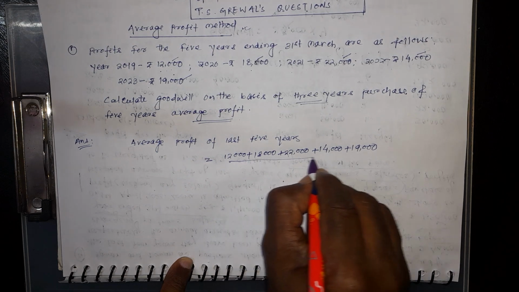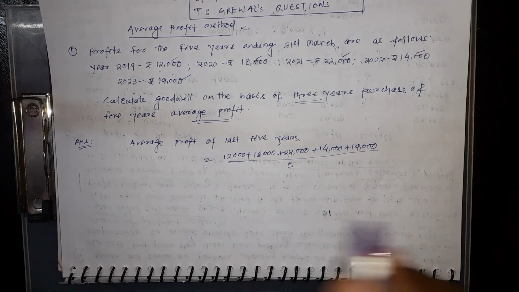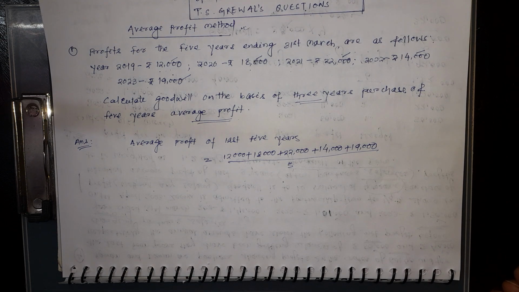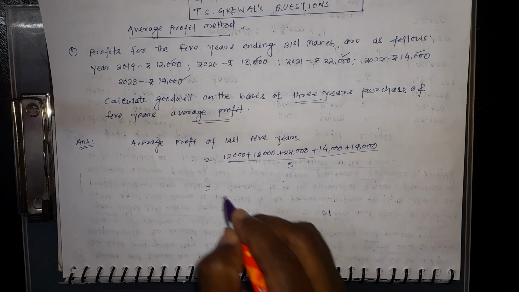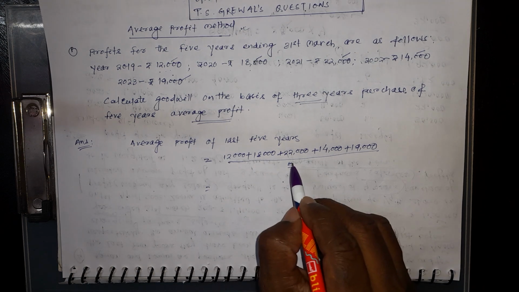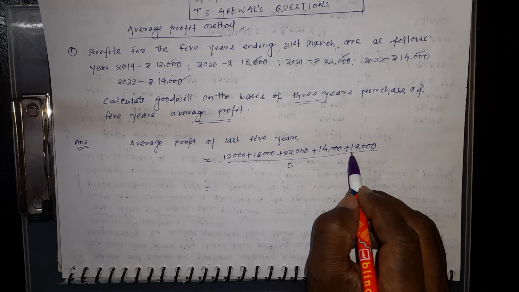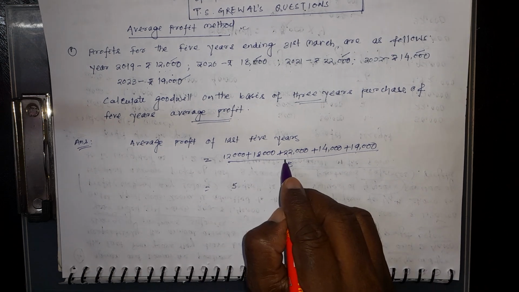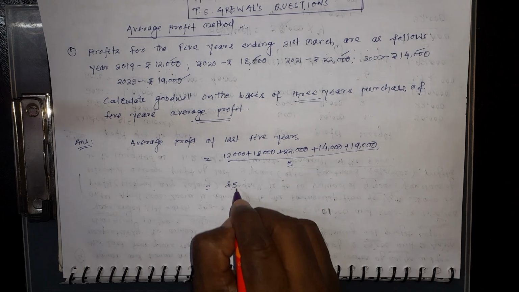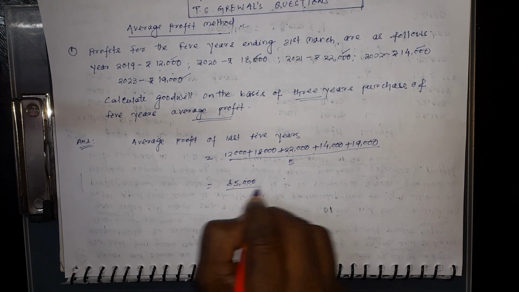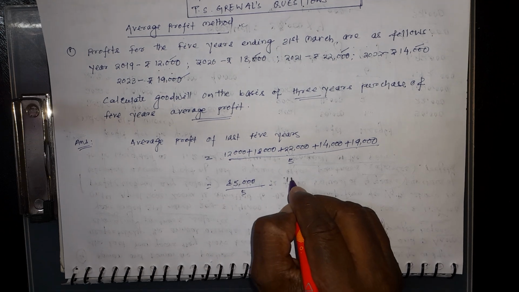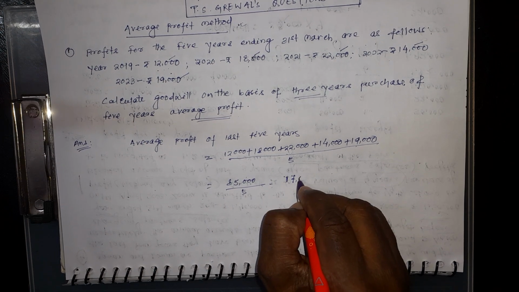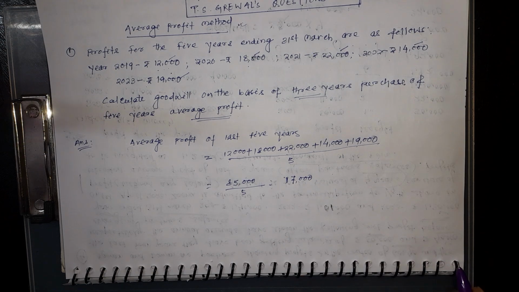For finding the average profit, we add the total profit of the given years and divide it by the number of years. So we add first, and the total is 85,000. 85,000 divided by 5 is 17,000. This is the average profit of the 5 years.